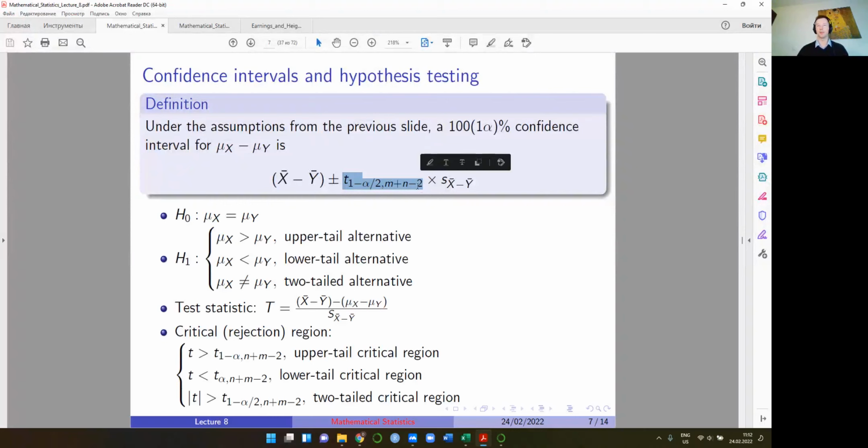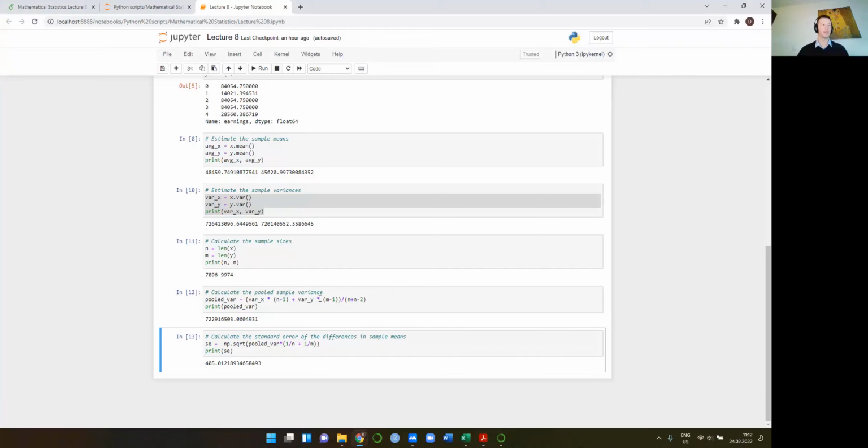Yes, the last element that we need is this t 1 minus alpha over 2. So calculate the 1 minus alpha over 2 quantile of a t distribution.